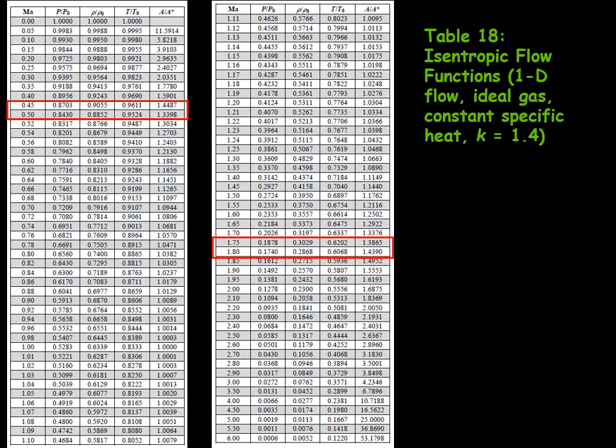We could also note that we see that same ratio of about 1.338 occur somewhere between Mach 1.75 and 1.8. So there are two Mach numbers. Remember, we discussed this last lesson: there are two solutions, a subsonic solution, a Mach number less than 1, and a supersonic solution, a Mach number greater than 1.